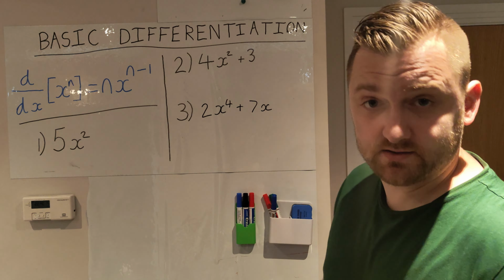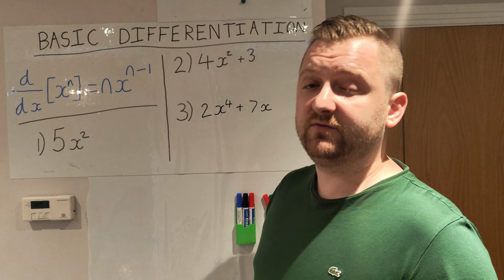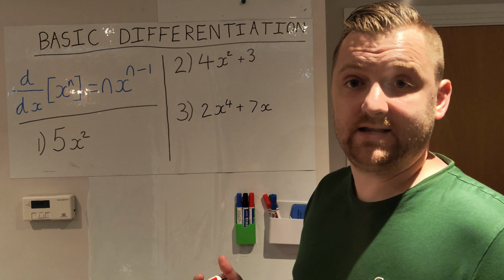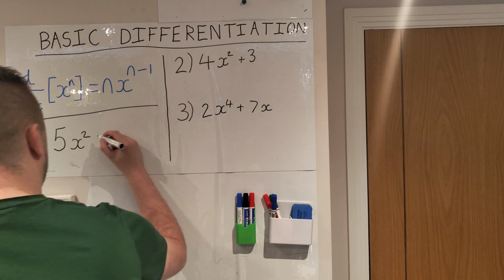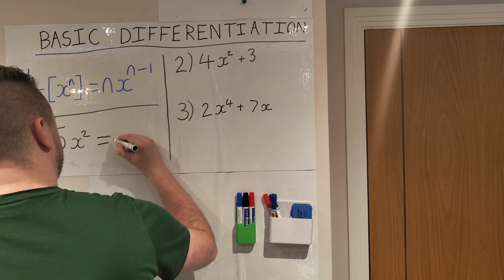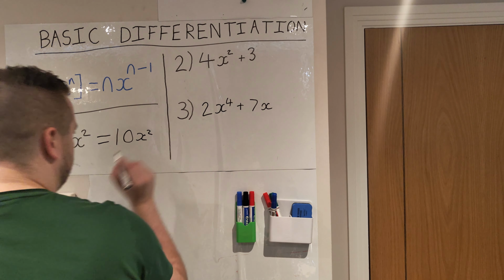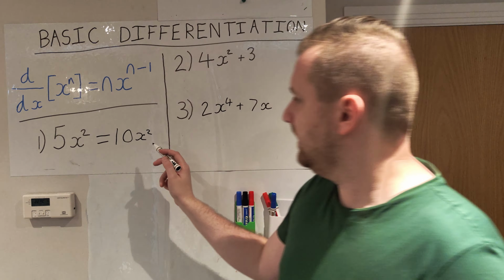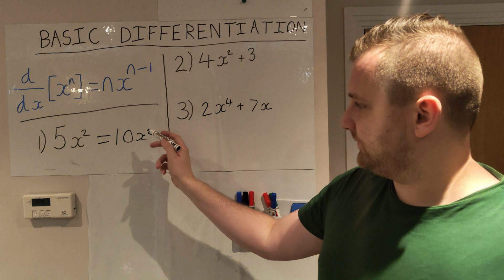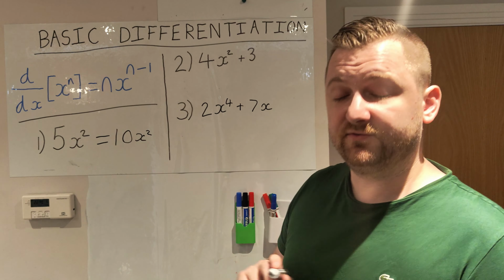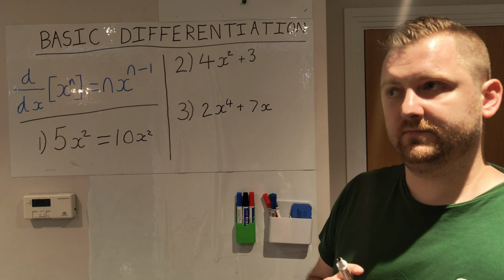So let's go through an example. We've got question number 1 here: 5x squared. I'm going to do it one step at a time. That is equal to 10x squared. All I've done is bring the 2 to the front and times it by the 5.